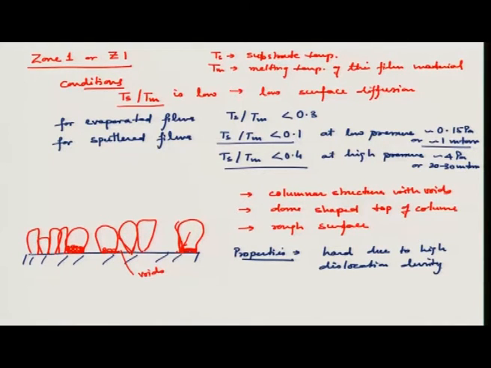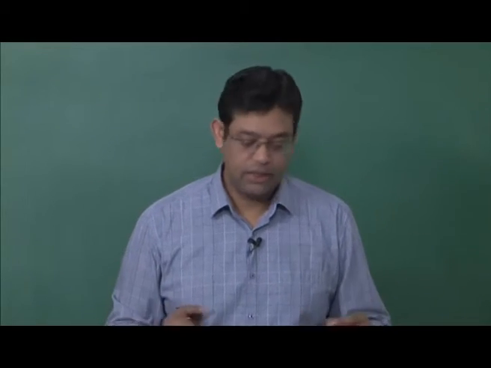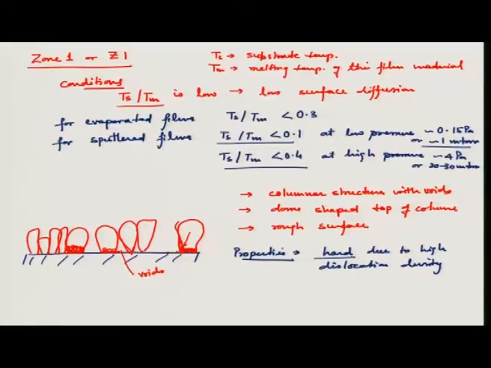And we know that dislocations are the stress points in the thin films, where when two dislocations get interlocked, they do not allow the material to yield, and the material becomes very hard. So, this is the zone 1 structure, and it is mainly governed by the shadowing effect.